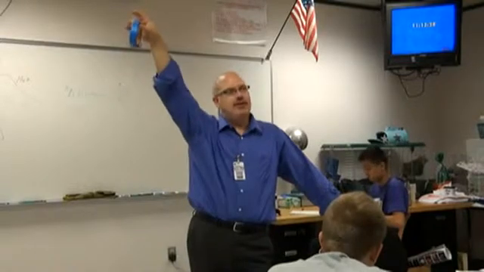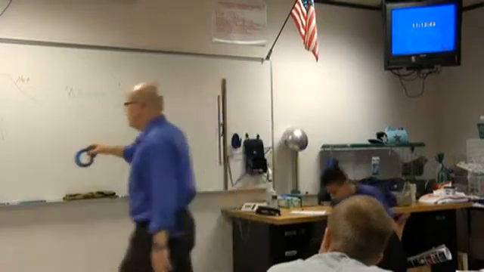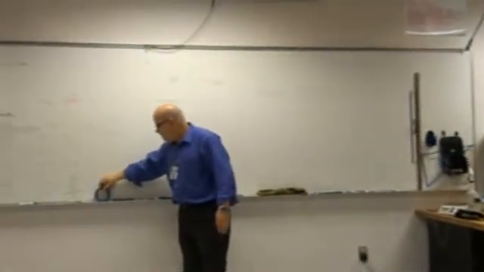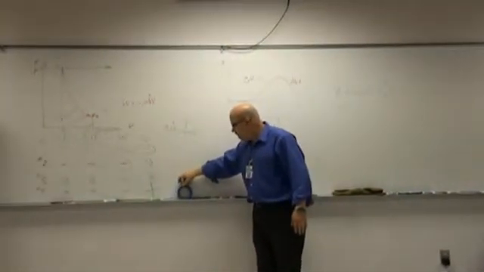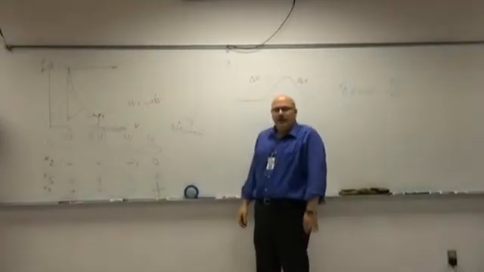All right? So like for instance, the first law of thermodynamics would say that if I take this and I drop it, it starts with potential, it turns into kinetic as it falls. When it hits the ground, it turns into thermal. Okay? But in the first law, there's no reason why it can't go the other way. Like for instance, I've got this sitting right here, and all it's got is thermal and some potential because it's above the ground, right?